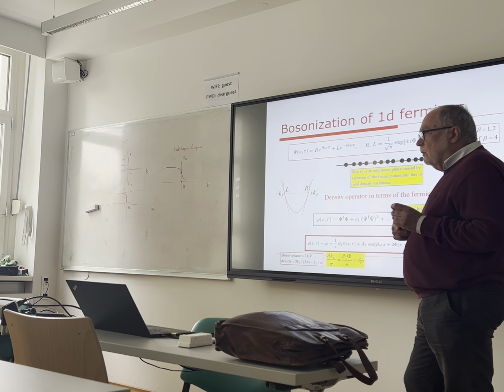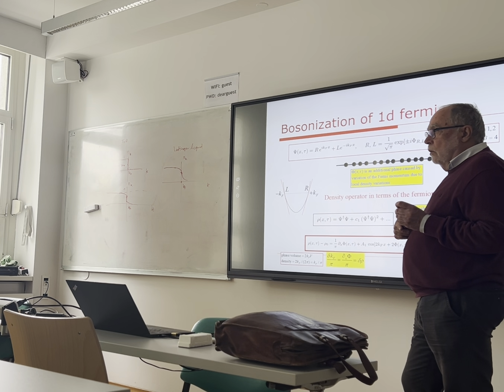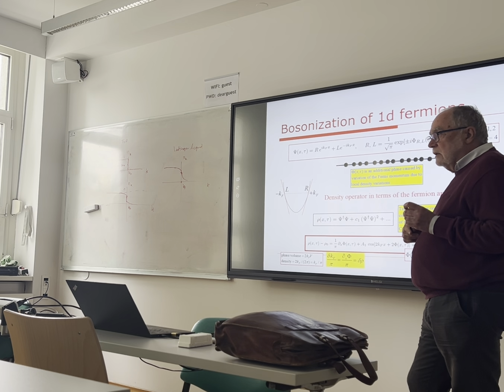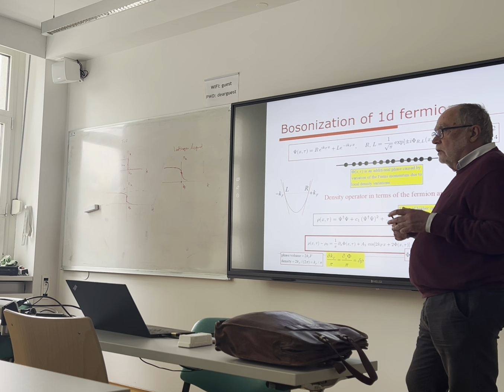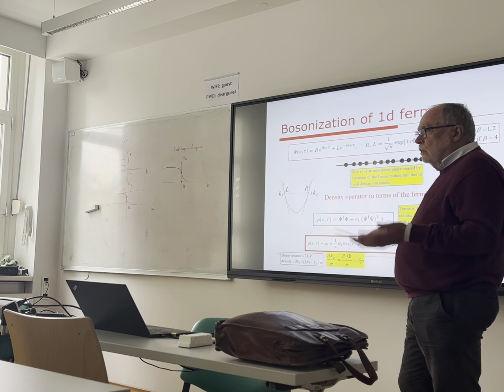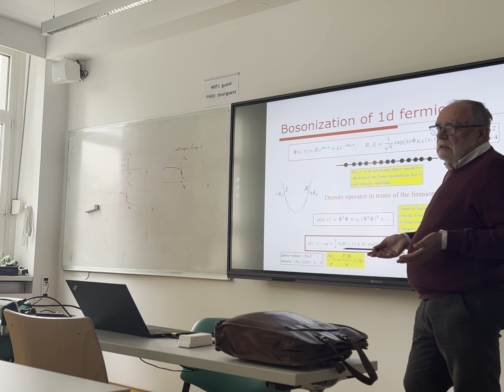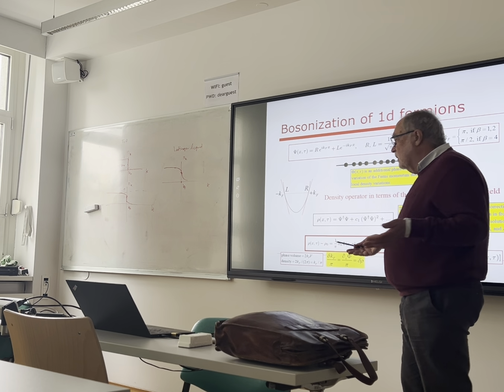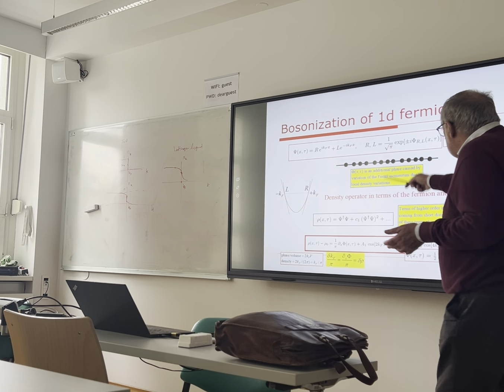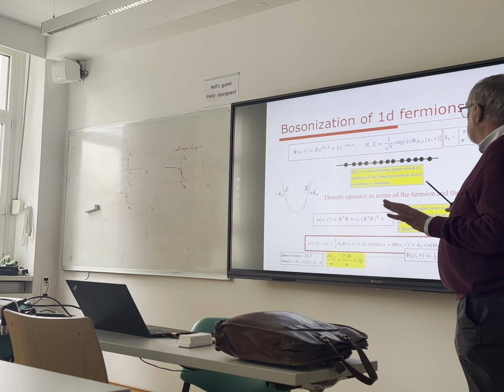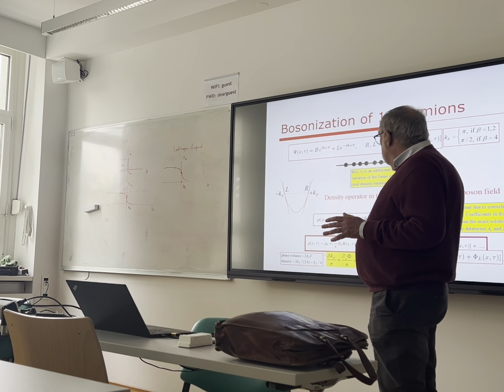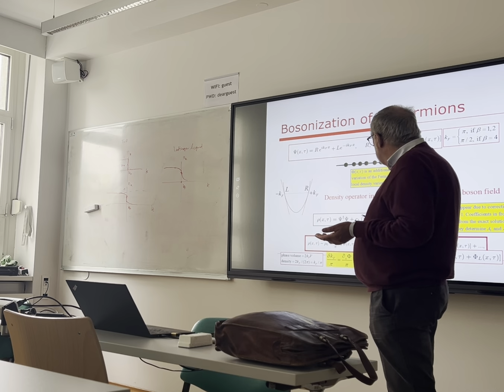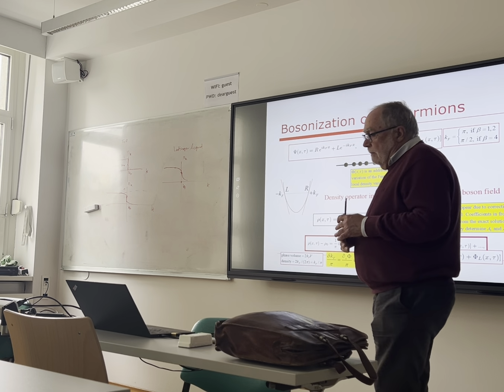But the Fermi momentum is always proportional to density. Therefore, the variation of the Fermi momentum is proportional to the variation of the density. As simple as that. So everything which is here is extremely simple. The other thing is that there are subtle things like the appearance of these terms.